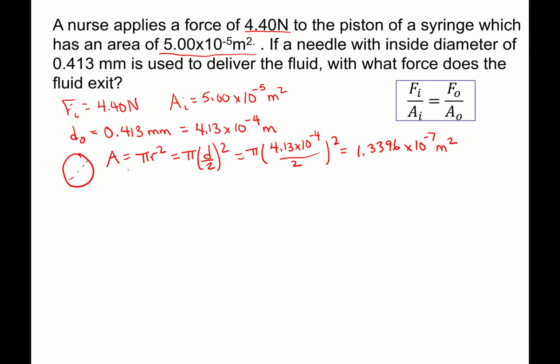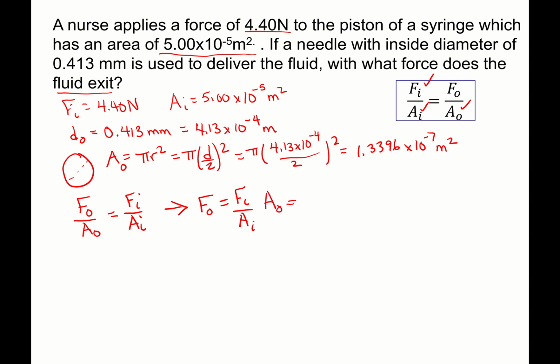Okay, so now I know the area on the output. So I know all three things in the equation that I'm not asked to find. I'm asked to find with what force does it exit. So the force out over the area out equals the force in over the area in. So rearrange it to get force out. I just multiply both sides by A out. So force in over area in times area out.